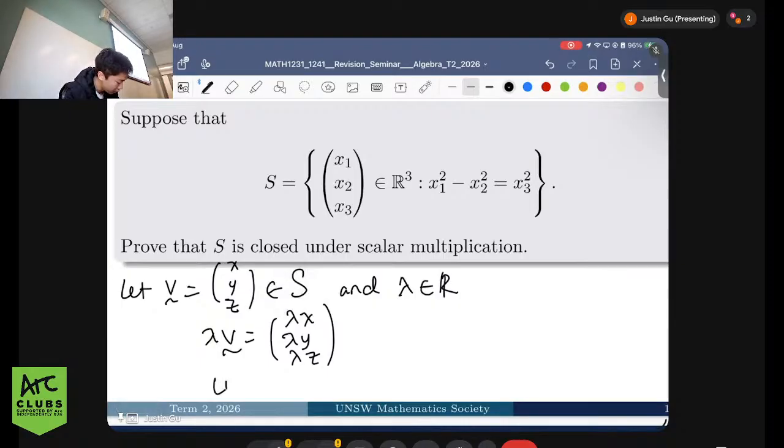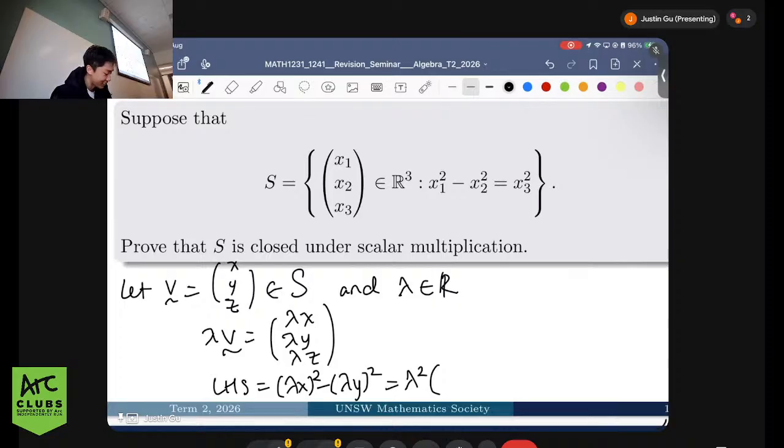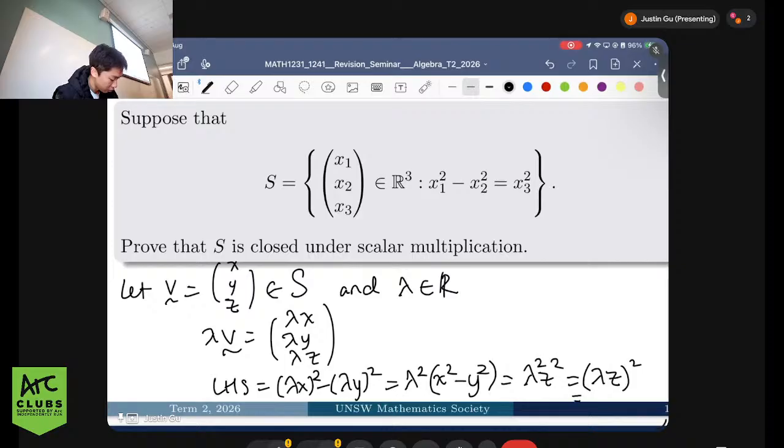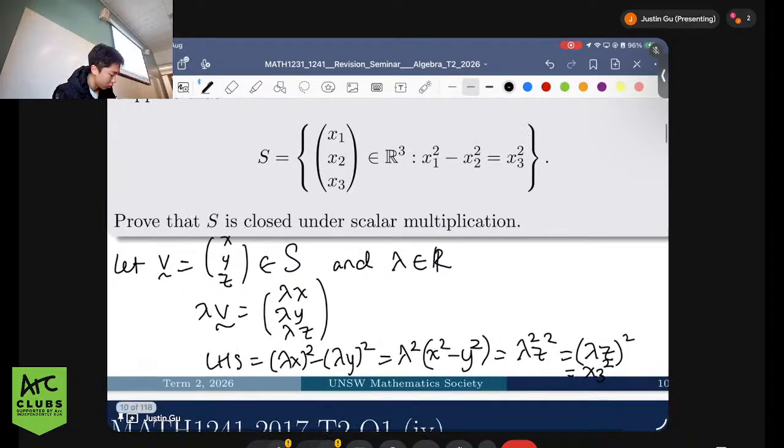On the left-hand side, we get lambda x all squared minus lambda y all squared, which we can factorize out as lambda squared times x squared minus y squared, and this is equal to lambda z all squared, which equals x3 squared, which equals the left. So basically it holds under scalar multiplication.